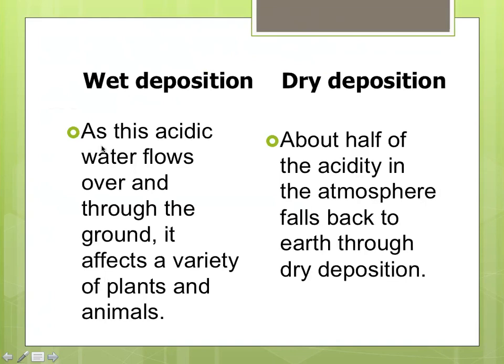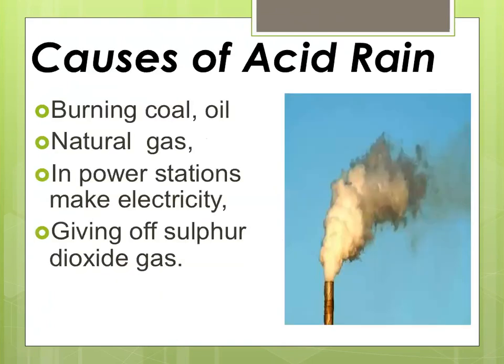There is another difference: in wet deposition, the acidic water flows over and through the ground, and it affects a variety of plants and animals, whereas about half of the acidity in the atmosphere falls back to the earth through dry deposition. So these are the two major types of acid rain.